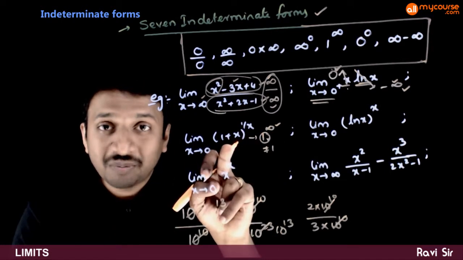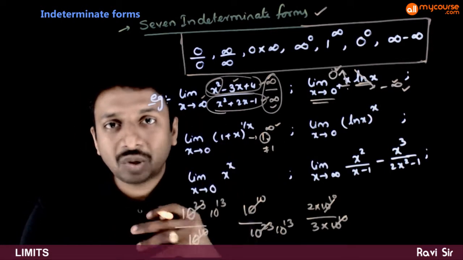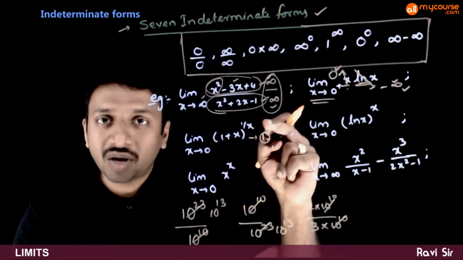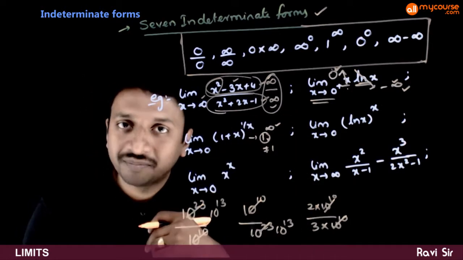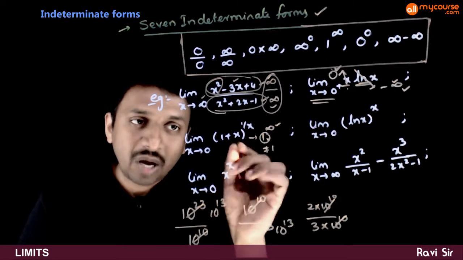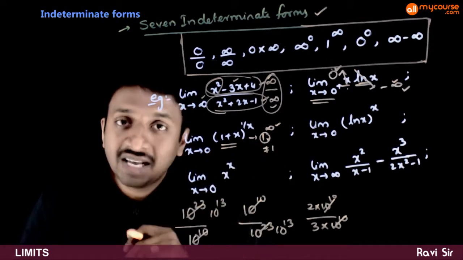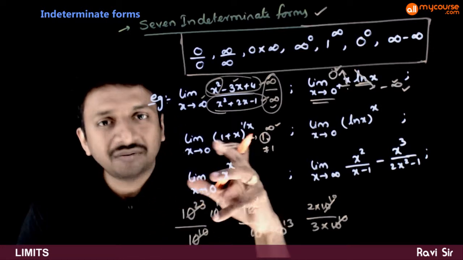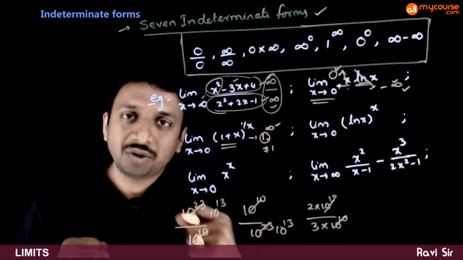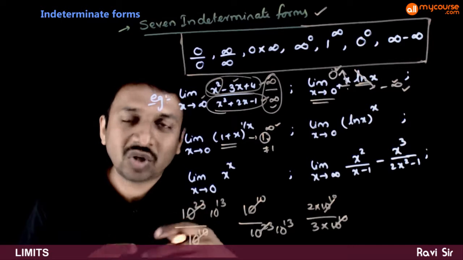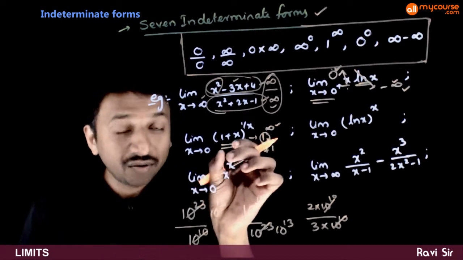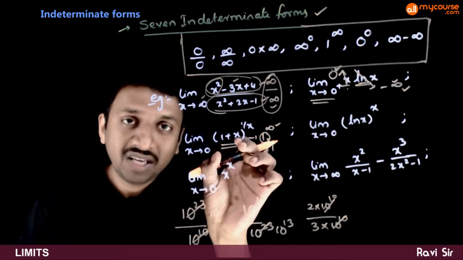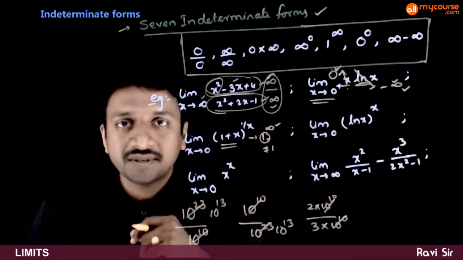If the base is exactly equal to 1, there is no discussion. This 1 power infinity will be equal to 1. But here, the problem is that this is not exactly equal to 1 and the exponent is tending to infinity. Again, now there is a tug of war between these two. Whoever wins depends on the relative closenesses of each of the terms to the respective numbers.